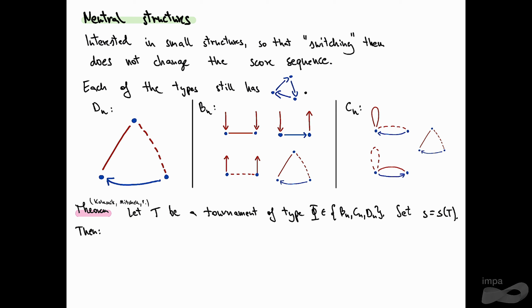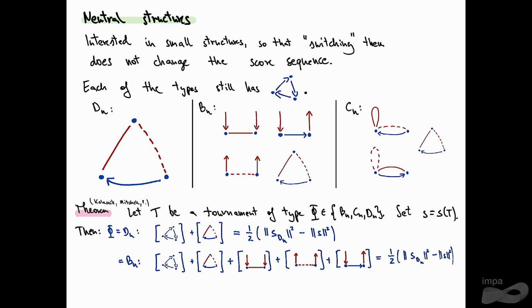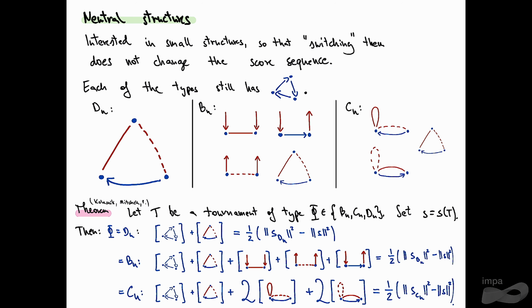So fix some score sequence, look at some tournament with this score sequence, and count the neutral structures. In type D, it turns out that this formula is again preserved, which is a miracle of some kind. The model just looks super arbitrary, but then it turns out you have some nice invariant. In type B, it's the case as well, and in type C, it's almost the case. We need to put weight 2 on these 2 neutral structures.